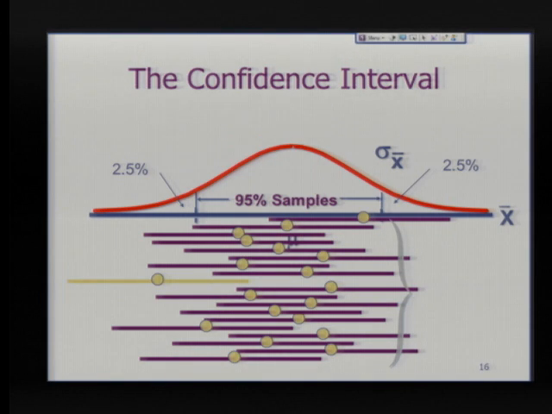If you like, you can create a 98% interval. But I'm sure you don't want to do 100%, because if you do 100%, what will be the size of the interval? Negative infinity to positive infinity. So the interval will be too large, and there's no sense in that.